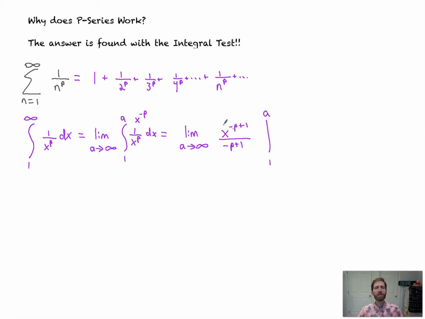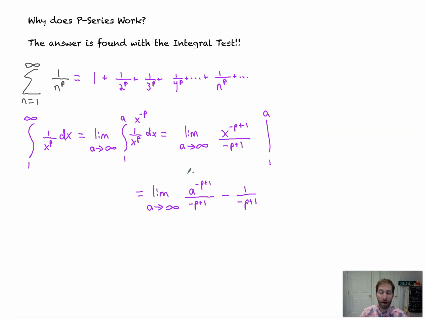Okay, so now what does this have to do with anything? Well, here's the thing. When we take the limit as a goes to infinity, we're going to get a to the minus p plus 1. Again, why does that matter? Well, let's just plug in the 1 here, so that's just 1 over minus p plus 1.